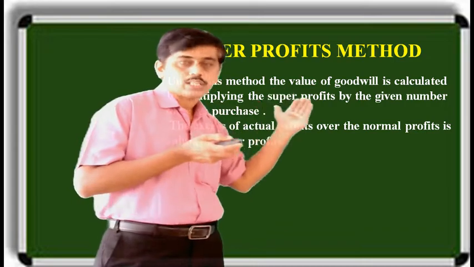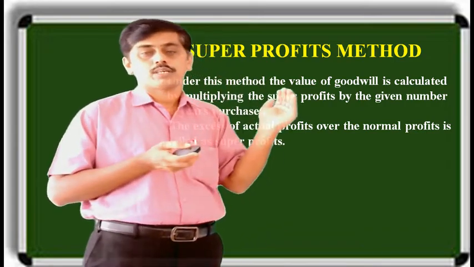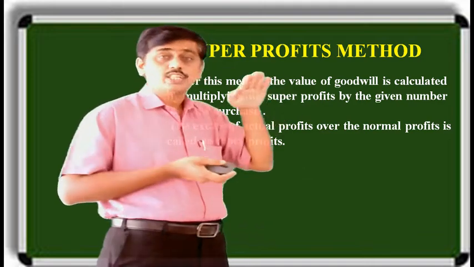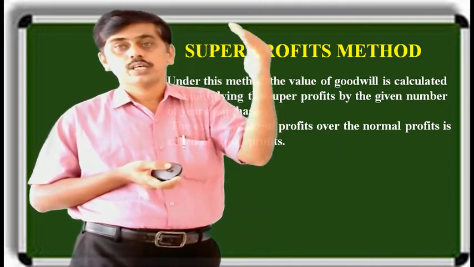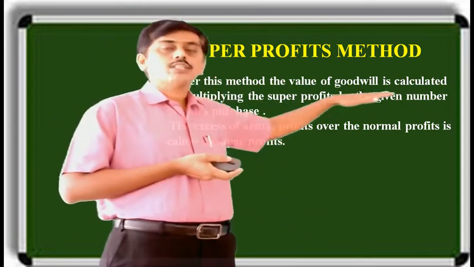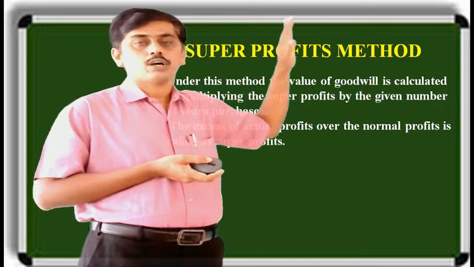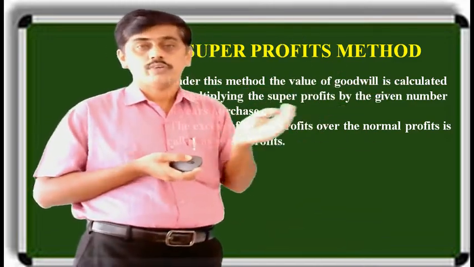And under this method, super profit will be multiplied by the given number of years. And what is super profit? It is the excess of actual profits over the normal profits. Say, assume in a particular line of business, 10,000 is considered as normal profit, but this particular person earns 12,000 profit.